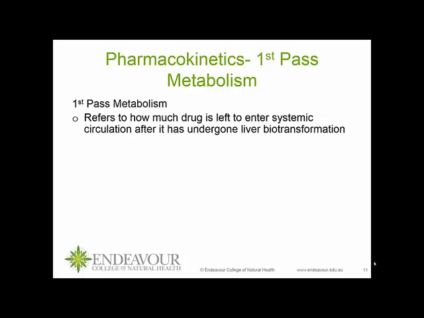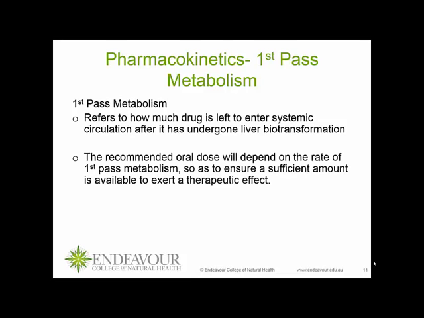So far we have learned about conjugation and functionalization reactions and the factors which influence metabolism. Coming to first pass metabolism now, that is defined as how much of a drug is left to enter systemic circulation after it has undergone liver biotransformation. That means a drug which has undergone conjugation and functionalization reactions, and how much is then available to go into the systemic circulation.